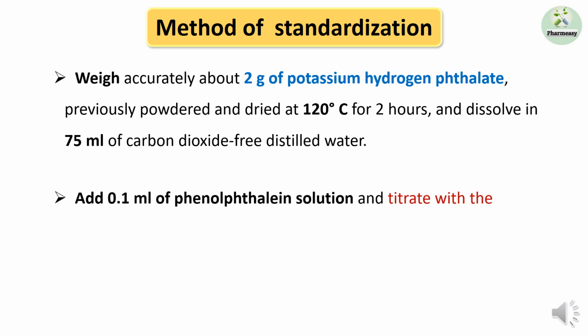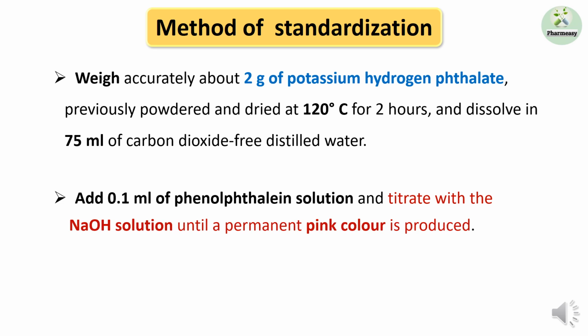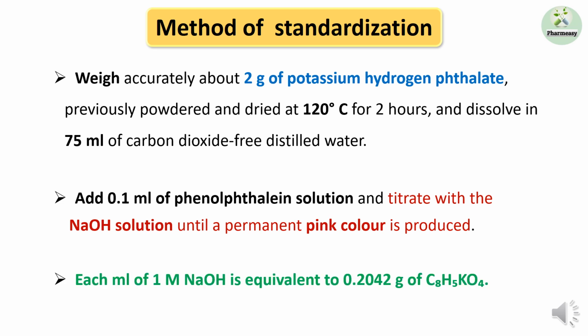Then, add 0.1 milliliter of phenolphthalein solution and titrate with the sodium hydroxide solution until a permanent pink color is produced. Note that each ml of 1 molar sodium hydroxide is equivalent to 0.2042 gram of potassium hydrogen phthalate.